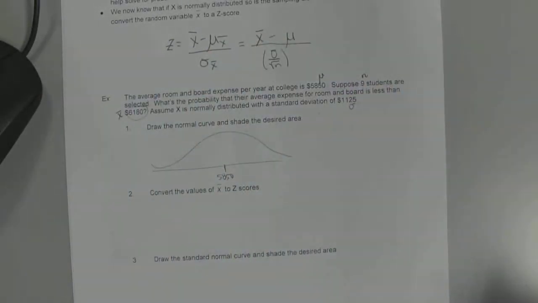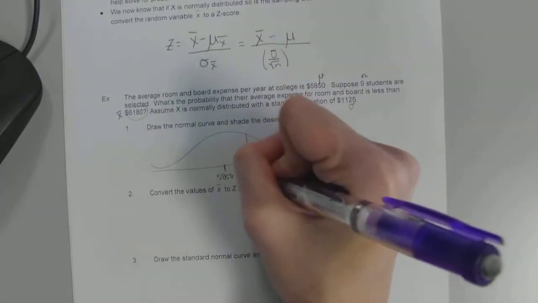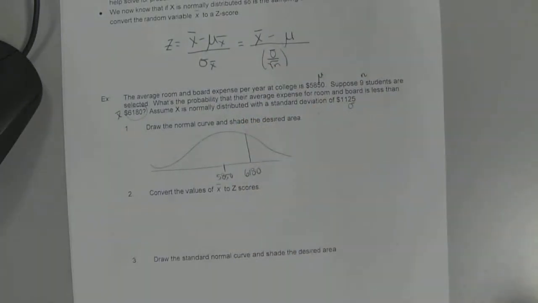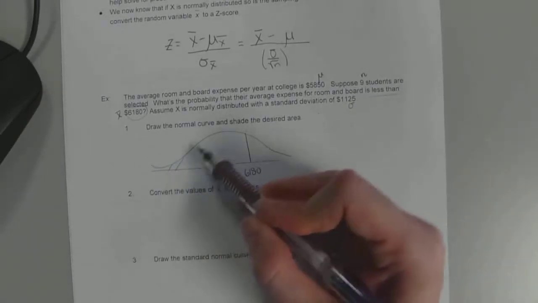Where's 6180 on this chart? On what side? Right, and does it matter really where? No, I'm not going to be picking and have my ruler out, but it's just somewhere over here. So just make sure you get it on the right side. And then which direction am I going to shade since it's less than? To the left.